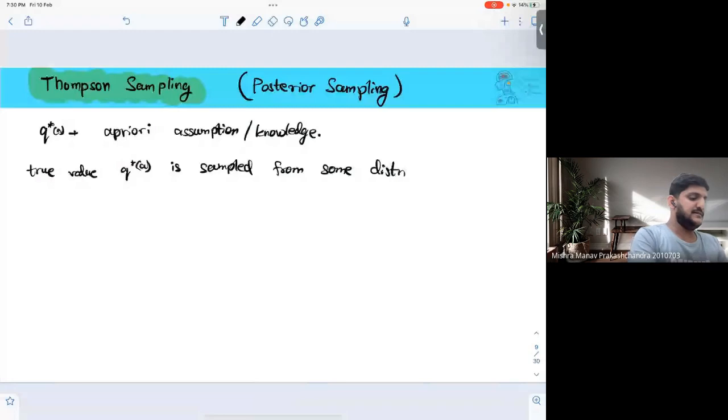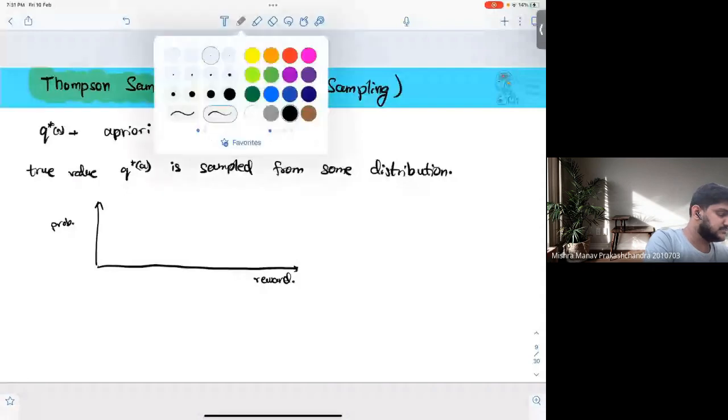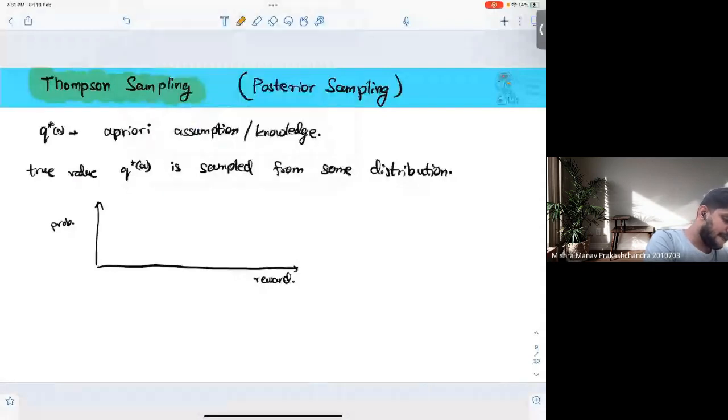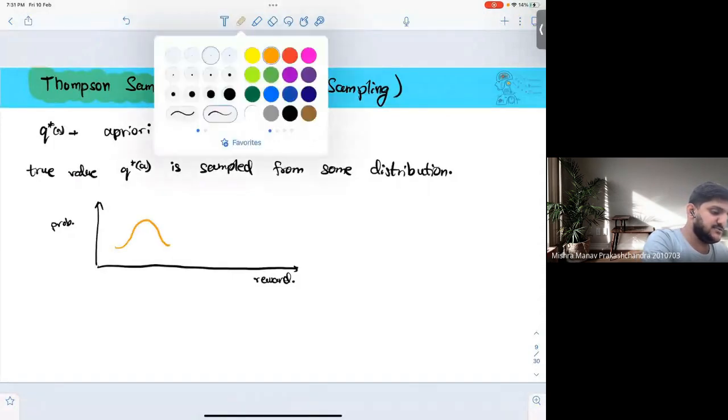Okay, so let's say this is my probability axis and this is my reward axis. Let's say this is the distribution of, let me first draw.